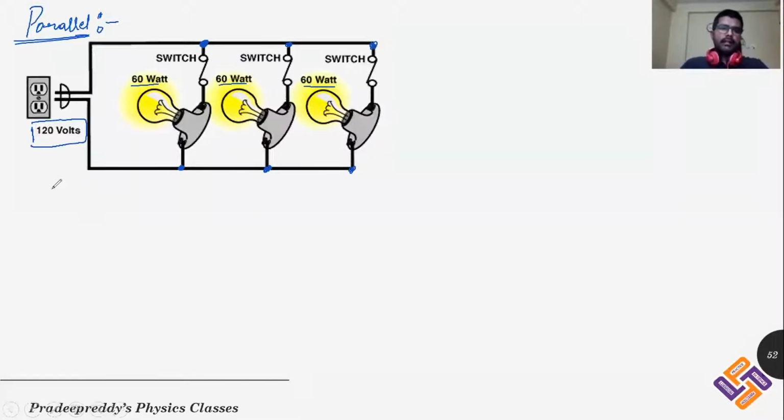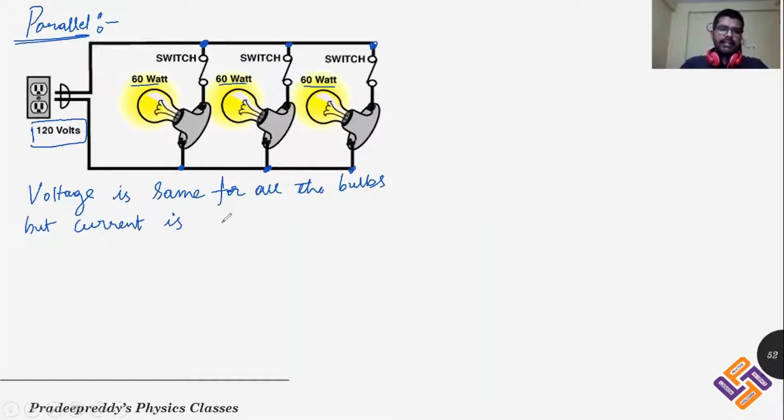Therefore, when bulbs are connected in parallel, voltage is the same for all the bulbs, but current is divided. Now, how does current get divided?